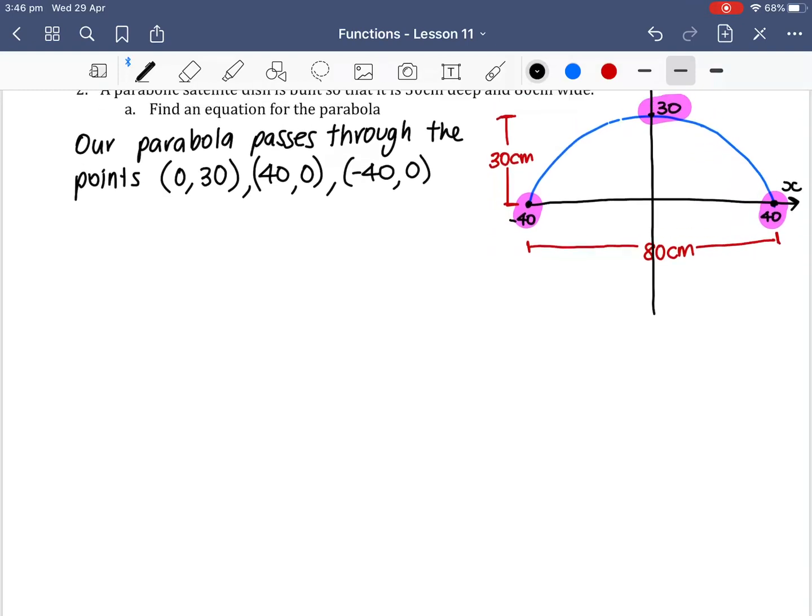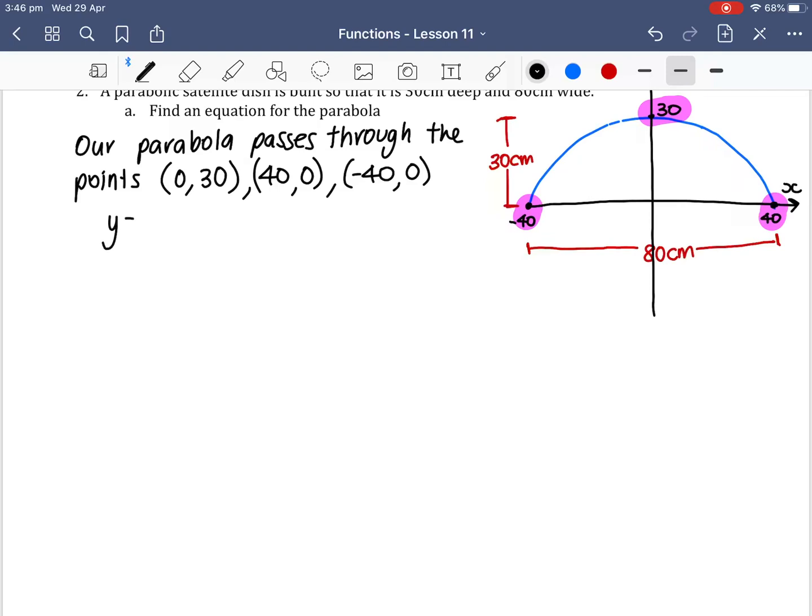So we're going to sub these into our general form equation of a parabola, y equals ax squared plus bx plus c. We're first going to sub in the one that has x value equals 0. So we're going to sub in 0, 30 into our equation.